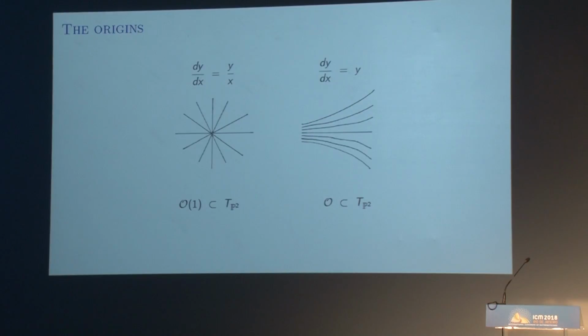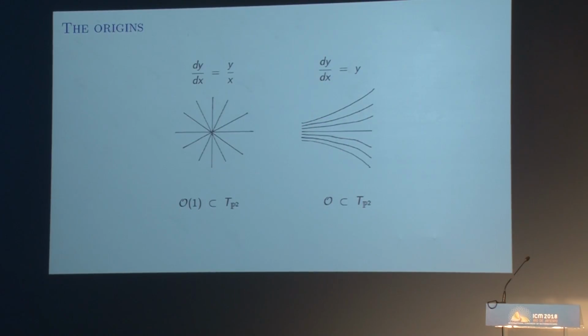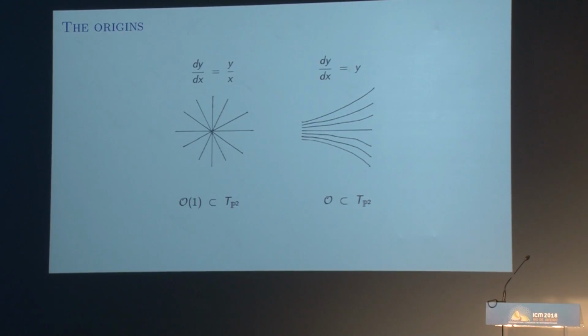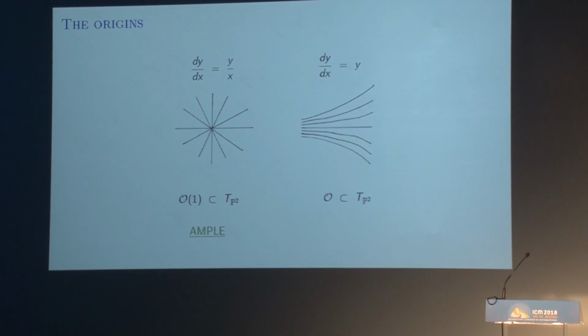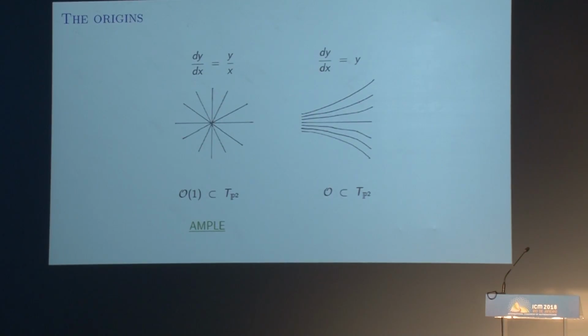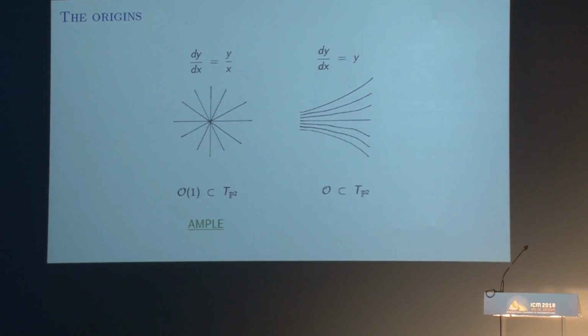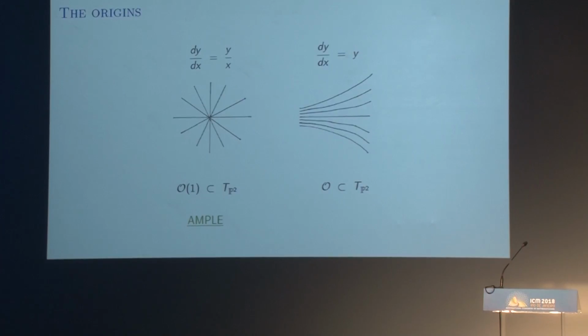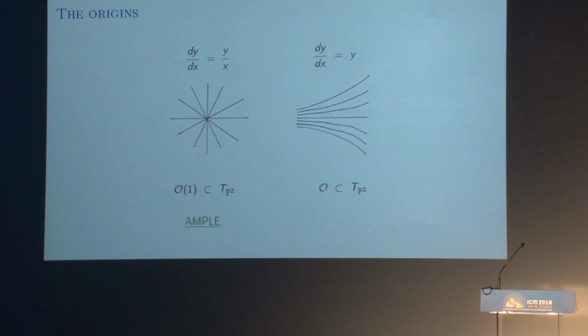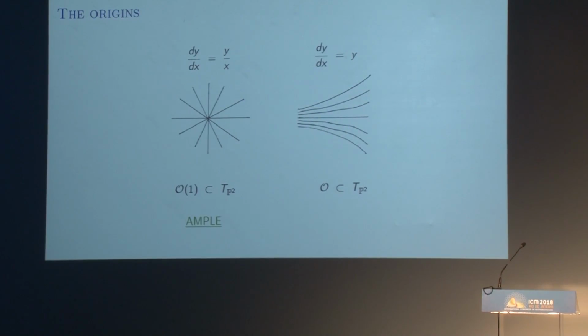While for the first one this subsheaf is O(1), for the second one it is just O. And notice that for the first one, this is an ample subsheaf of the tangent bundle. This is probably the simplest manifestation of the phenomenon that I want to describe in this lecture.